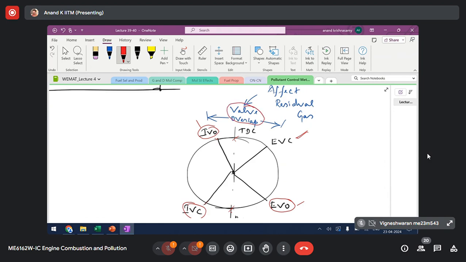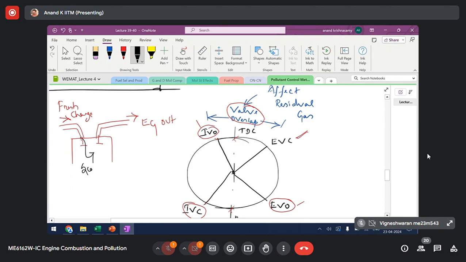What is happening during the overlap period? We have already discussed that the intake is open and the exhaust valve is also open. Fresh charge is entering, exhaust gas is leaving. Fresh charge will enter into the engine with some velocity, and this velocity will help in clearing exhaust gas from the cylinder.